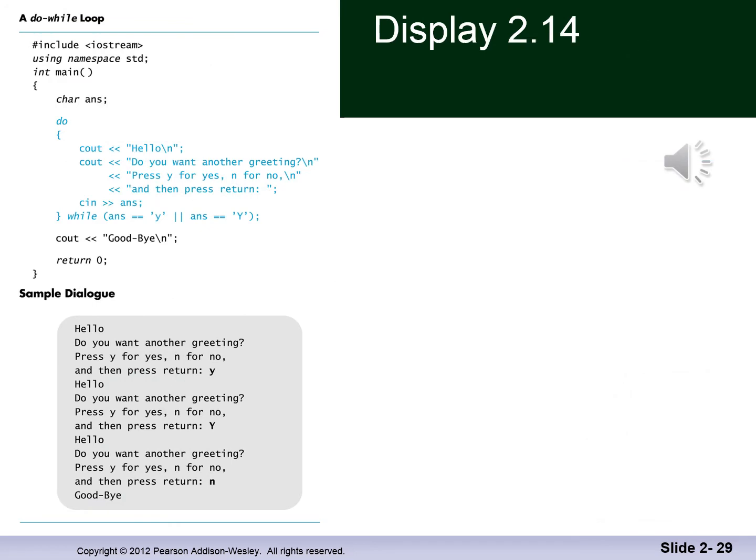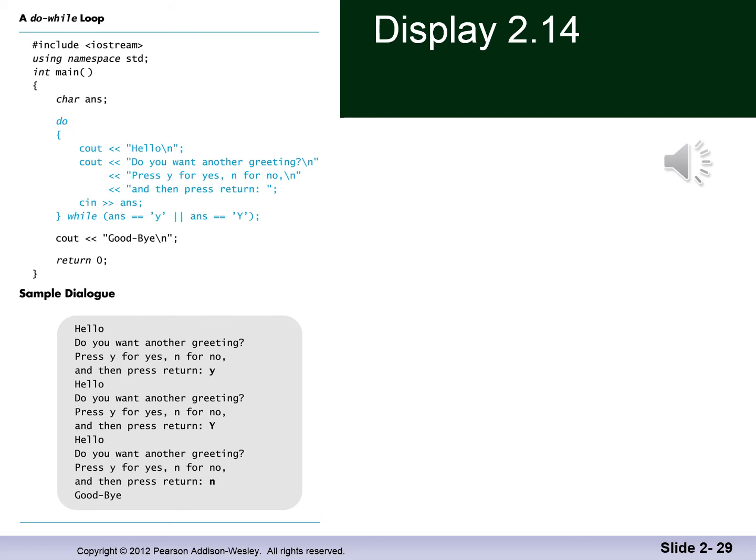Here's an example of a do-while loop. In the main program, we declare a char variable ans. We drop down into a do loop. We see cout hello and a new line.